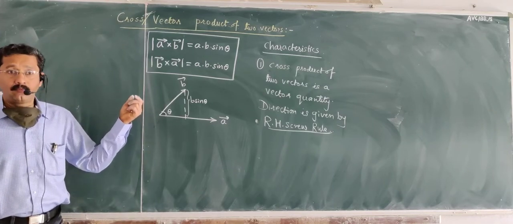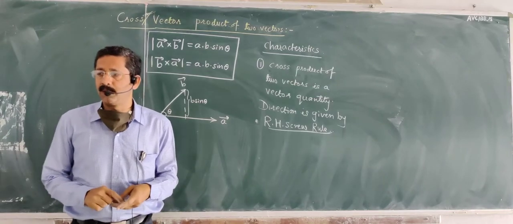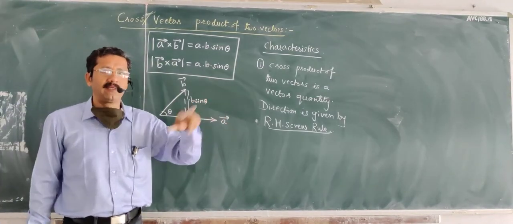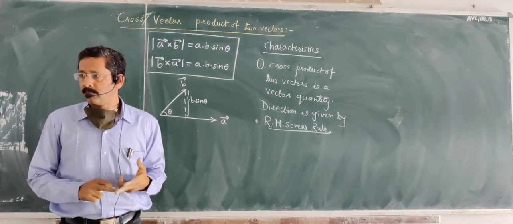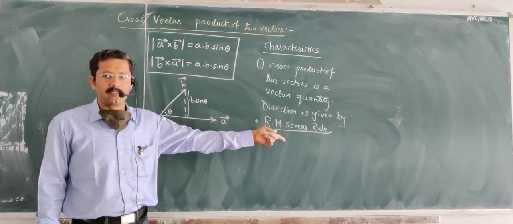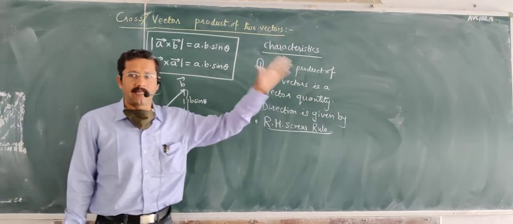What does it usually represent? Like yesterday, when we were speaking about an example of dot product, I gave the example of work done: if force is acting in one direction and displacement is taking place in another direction, then the work is the product of force and displacement in the direction of force.